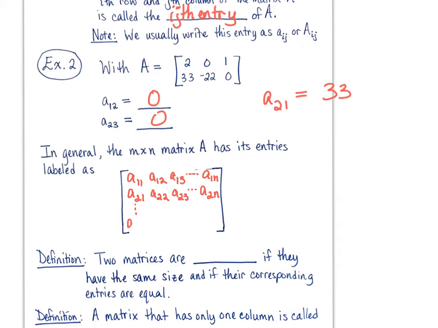Then we end with the mth row, so AM1, AM2, AM3, out to AMN. Those are your entries in general for matrix A.